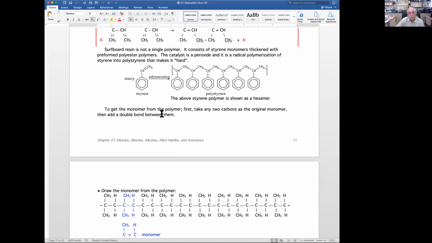So what about styrene? Being a surfer all my life, I remember as a kid repairing surfboards all the time. And the resin was always called polyester resin. Then I became a chemist and I'm like, polyester resin, what the heck are they doing there? So styrene is the monomer that's in surfboard resin. The other monomers are there already.